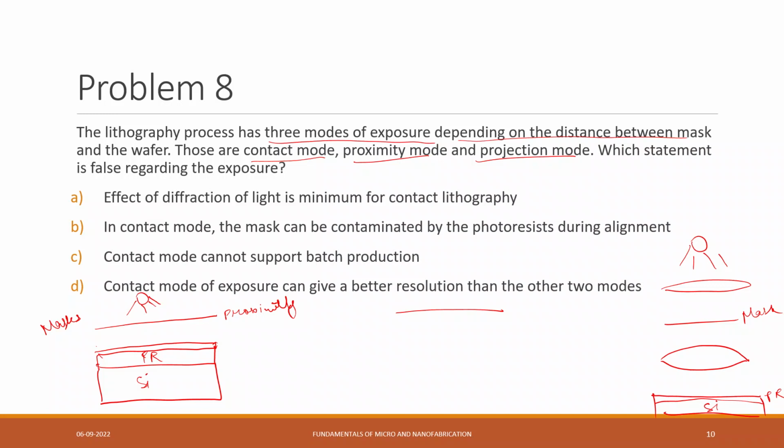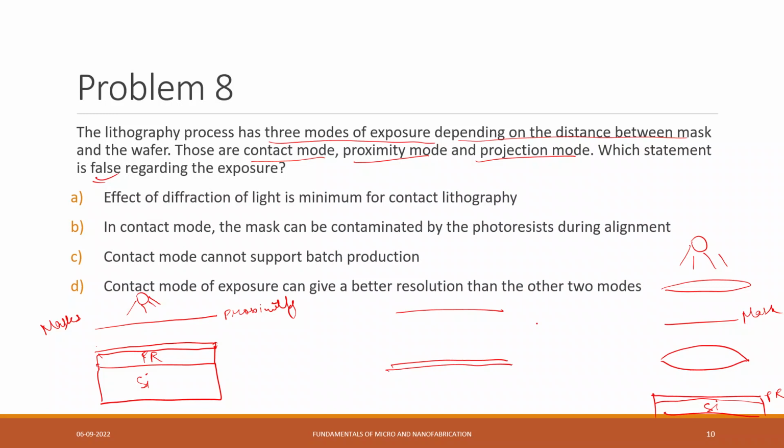So the first option: the effect of diffraction of light is minimum for contact lithography. We have to remember that we have to find the false one. When the mask is in contact with the PR, there is very little space for the light to be diffracted.